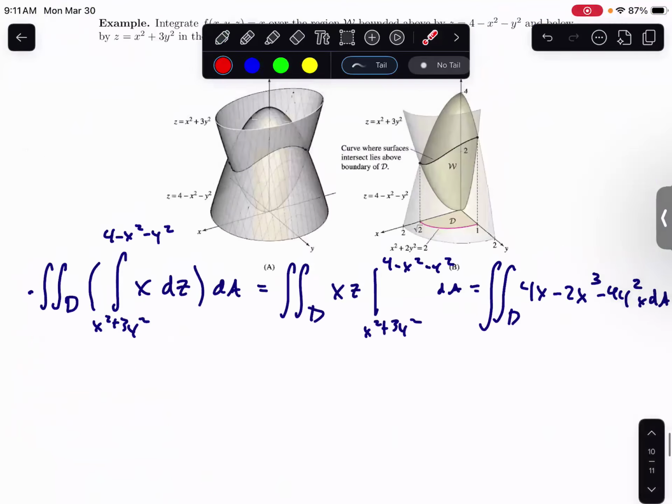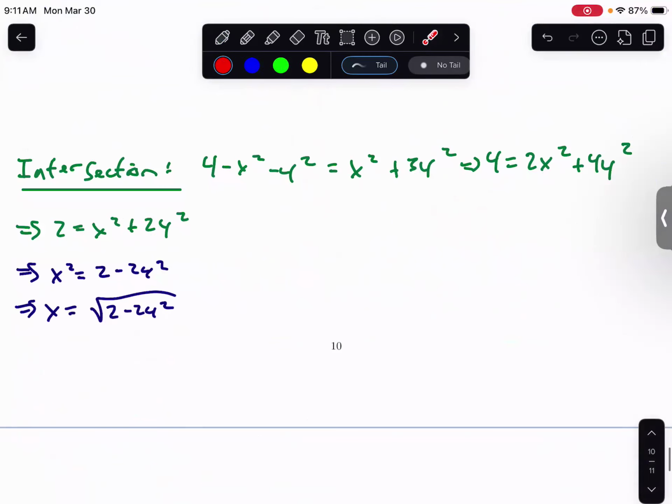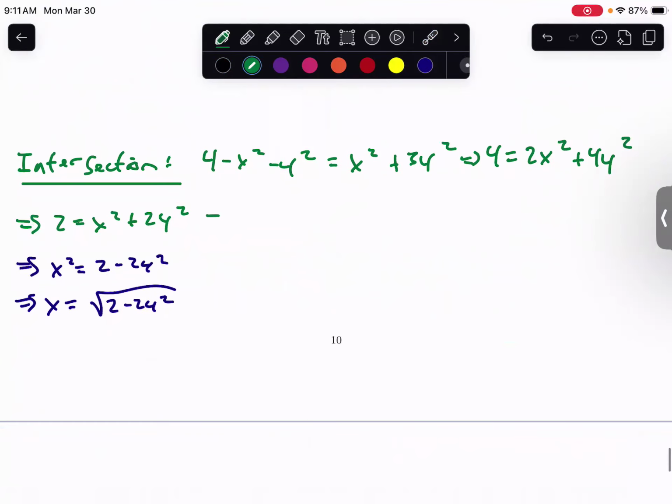And so I'm going to go a little bit further. I really just want to describe this region here. We talked about ellipses in the past, but you can take this equation and go a little further by dividing by 2 again. So you get 1 is equal to x squared over 2 plus y squared.